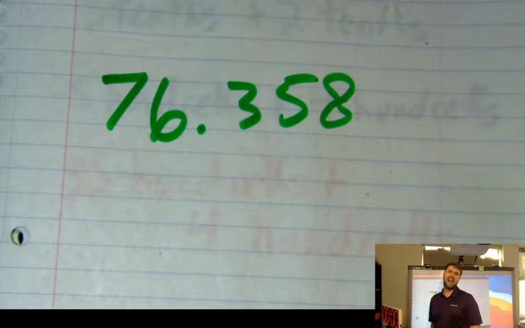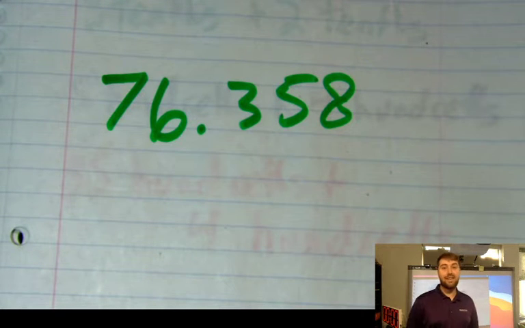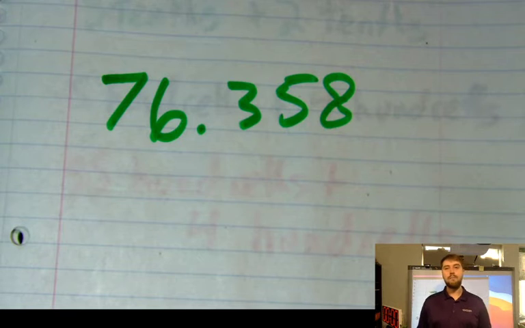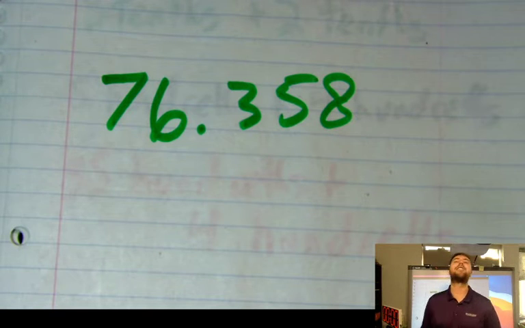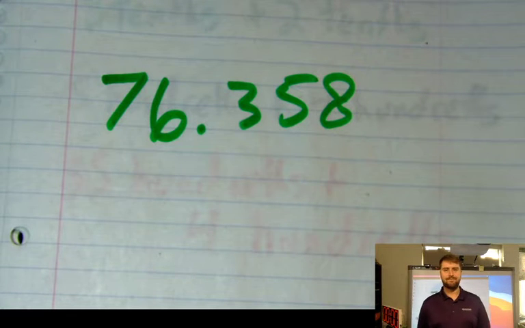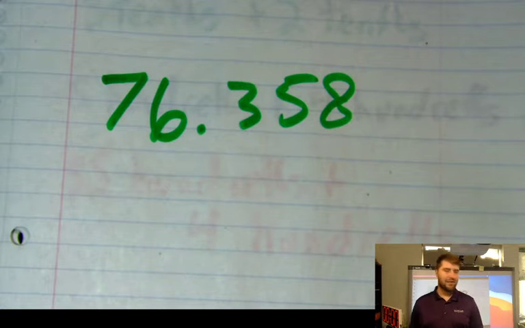What place value is the 5 in? Absolutely, that is the hundredths place. What about that 6? What place value is the 6 in? Absolutely, that is the ones place, which then means our 3 is in the tenths place.